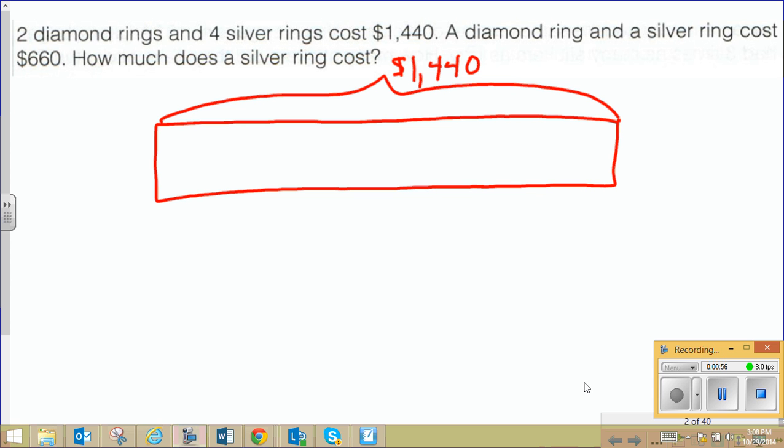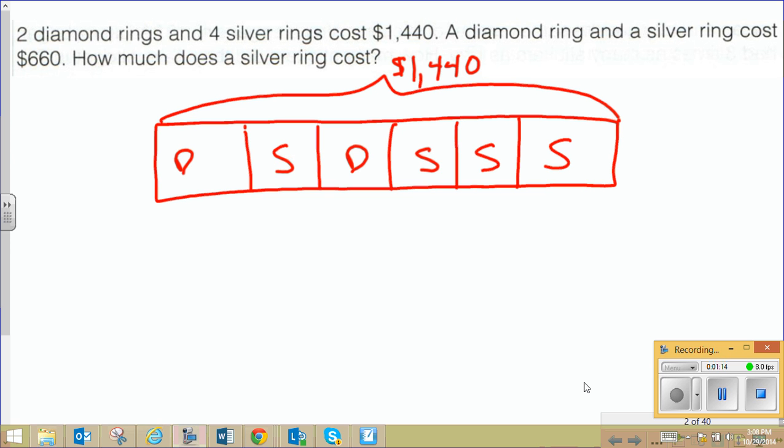Okay, we also know that within that bar, we have two diamond rings and four silver rings. The D represents the diamond, the S represents the silver. We also know that one diamond ring and one silver ring cost $660.